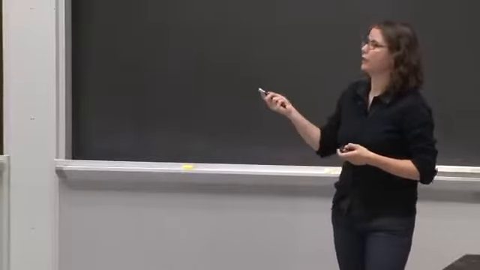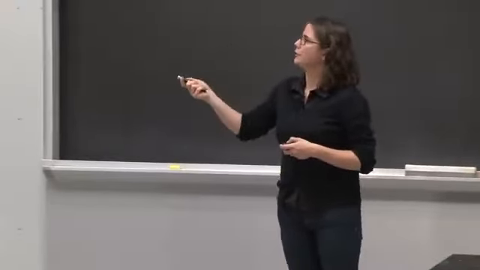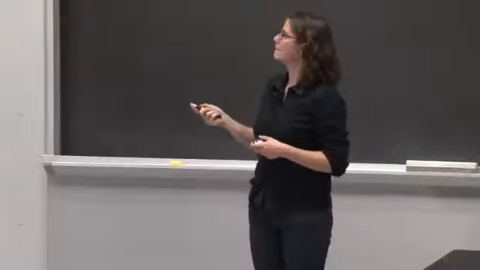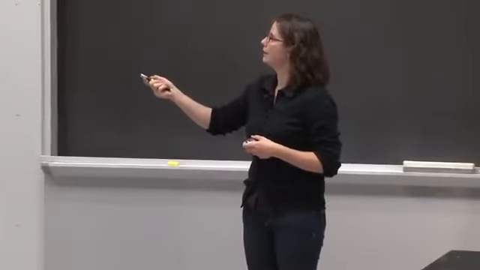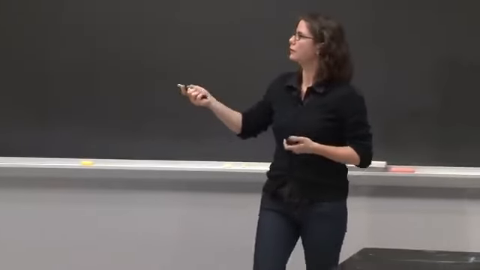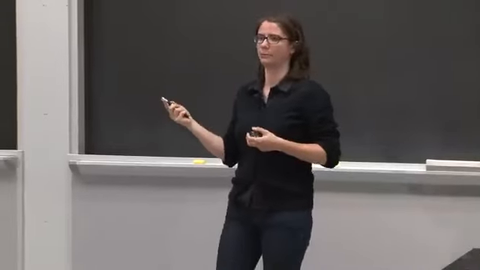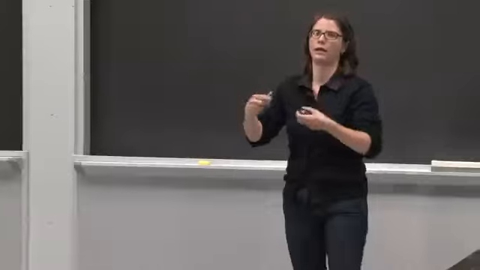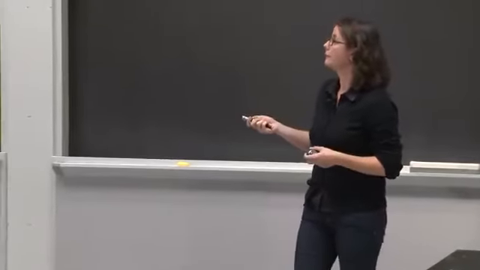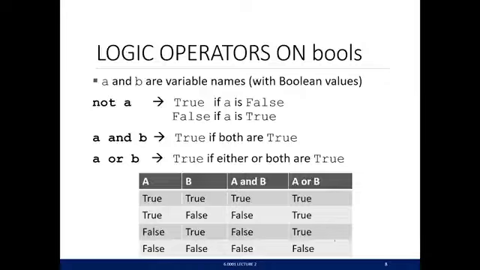Those are comparison operators on integers, floats, and strings. On Booleans, you can do some logic operators. The simplest is just inverting. If a is a variable that has a Boolean value, not a is just going to invert it. If a is true, then not a is false, and vice versa. This is a table that represents what I've said here.